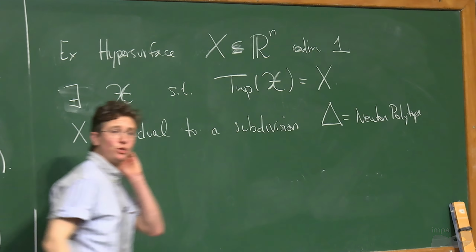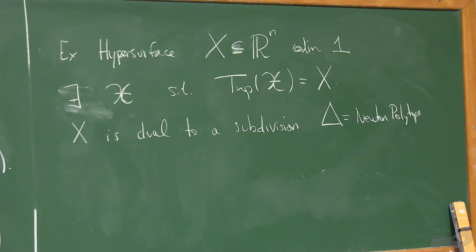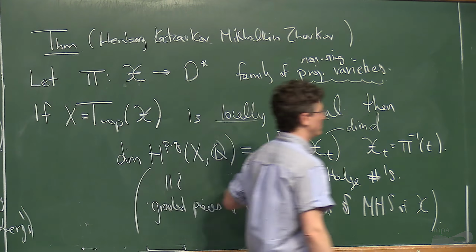And if it's a unimodular subdivision, then we have the matroidal condition if and only if.